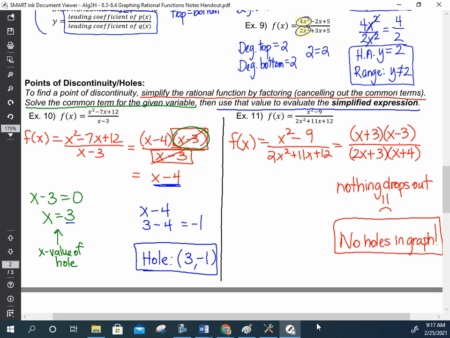Any questions on examples 10 or 11? There aren't any questions, so we'll go ahead.